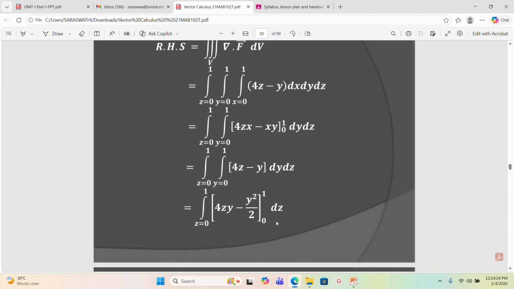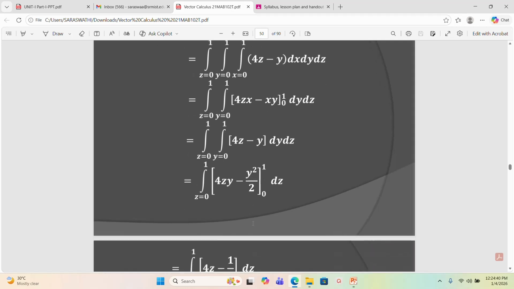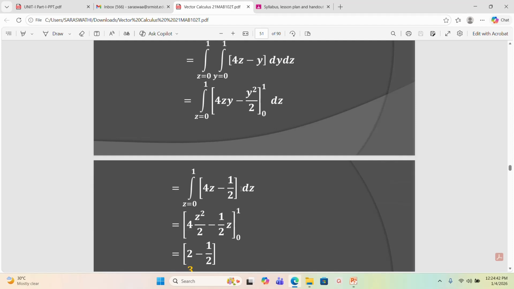Now integrate with respect to y. The integral of 4z dy is 4zy, minus the integral of y dy, which is y square by 2, with y limits from 0 to 1, dz. Now the upper limit of y is equal to 1, so we get 4z minus 1 by 2, dz.